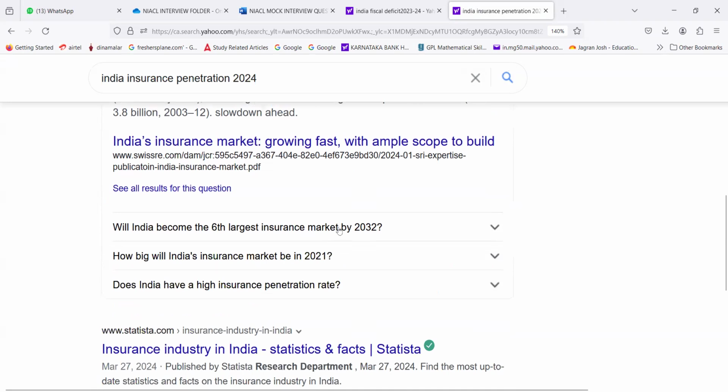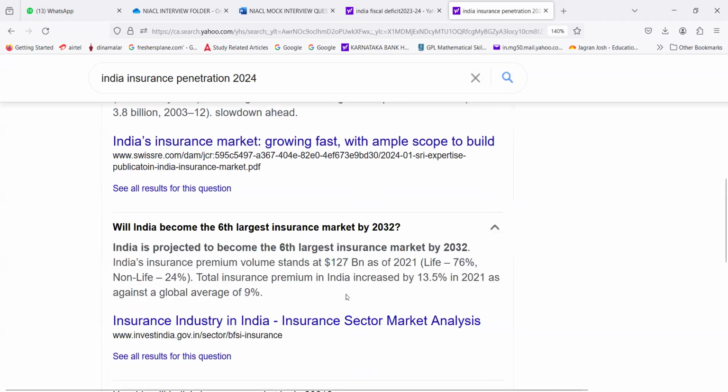Okay. Next question. Will India become the sixth largest insurance market by 2032? India is projected to become the sixth largest insurance market by 2032. India's insurance premium volume stands at $127 billion as of 2021.